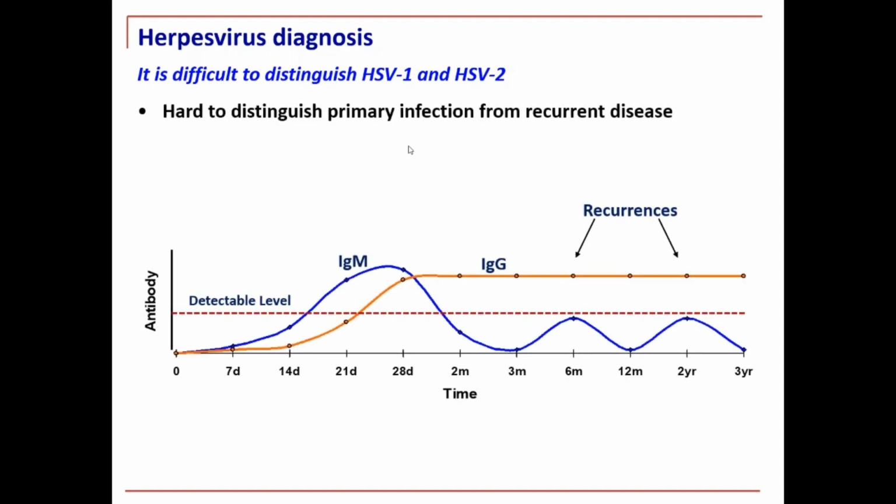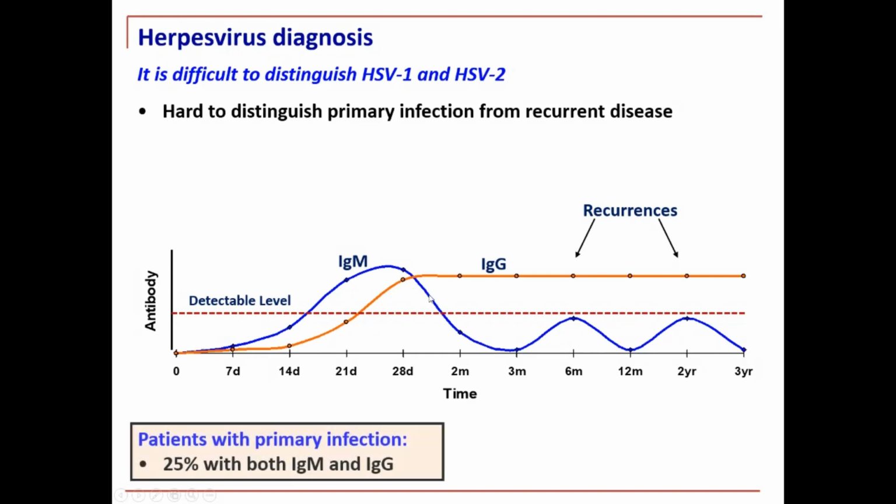Like I said, it's very hard to distinguish that primary infection from recurrent disease. That's because if you're looking at this, you have your antibody titer, you have your detectable level. And you already know that when you first get an infection, you produce IgM, and that goes up, and then IgG kicks off and you get your memory IgG. So IgM normally in most cases shows a current infection and IgG shows a previous infection.